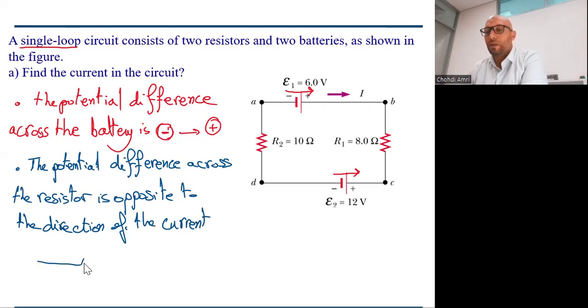If, for example, we take a resistor and the current is in this direction to the right, the potential difference across this resistor will be to the left. We want to apply these two rules, and we want to see what we're going to get.